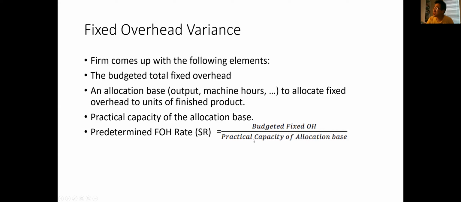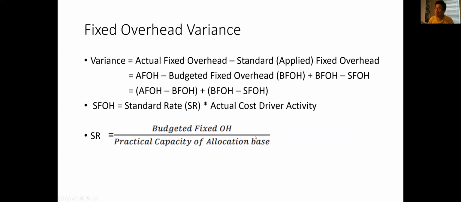And this rate is defined as budgeted fixed overhead divided by practical capacity of the allocation base. So if you look at this, we know that the variance again is going to be between actual fixed overhead and the standard applied fixed overhead. What is standard applied overhead? We figure out the standard rate of fixed overhead and then multiply with actual cost driver activities.